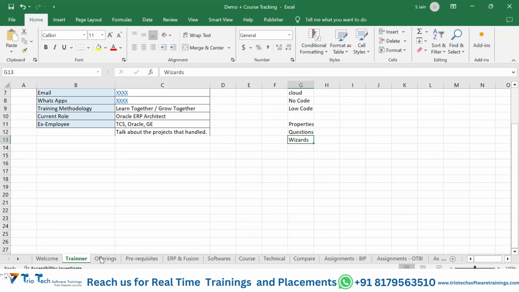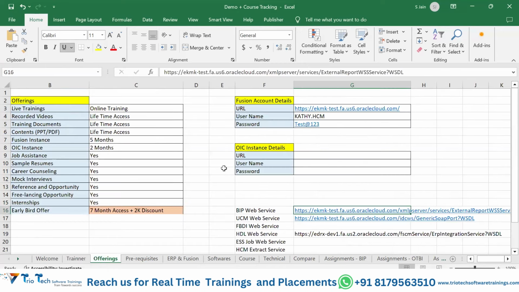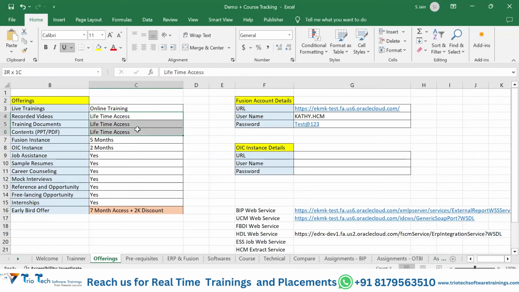As we were discussing, while you get enrolled with us, these are the basic offerings: you will get live training. You will get access to recorded videos, training documents, content, PDFs, useful documents and assignments. Everything is provided from the first day of enrollment, and it is lifetime access.